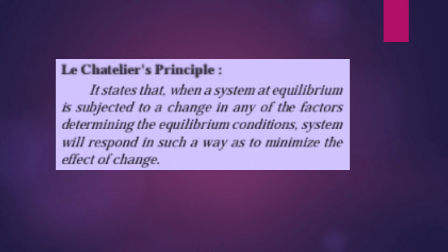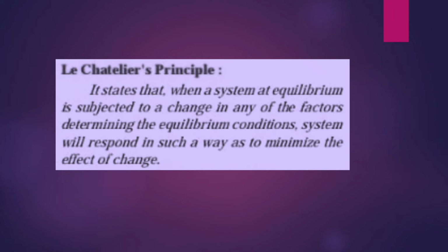Now students, let us see with an example that if the concentration of reactant is increased, the reaction goes in a direction that tends to decrease the concentration, that is in the direction of the forward reaction. Now with this we will see Le Chatelier's principle.